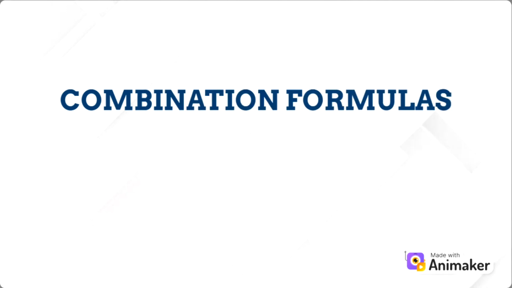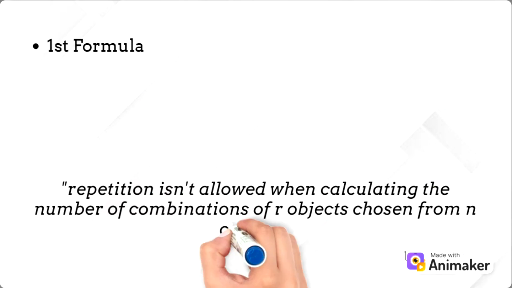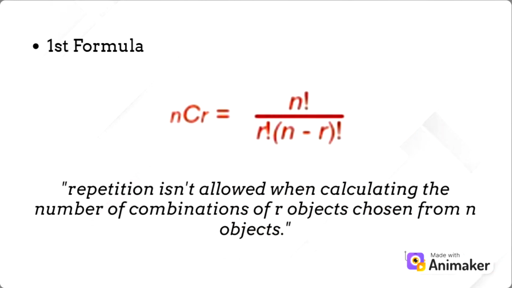Now, for the combination formulas, there are only two. In the first formula, repetition is not allowed when calculating the number of combinations of r objects chosen from n objects. So the combinations of r objects chosen from n objects is equal to n factorial over r factorial multiplied by n minus r factorial.